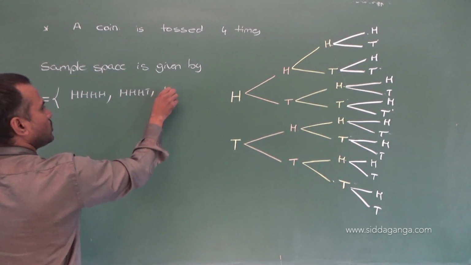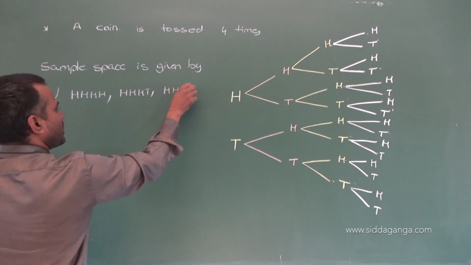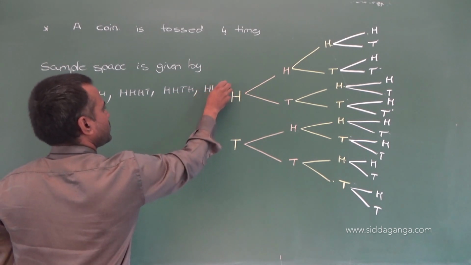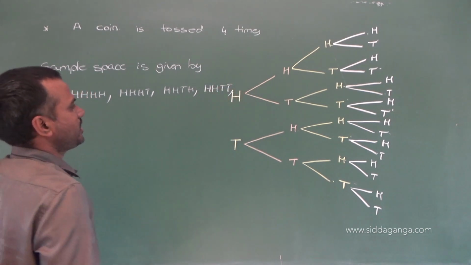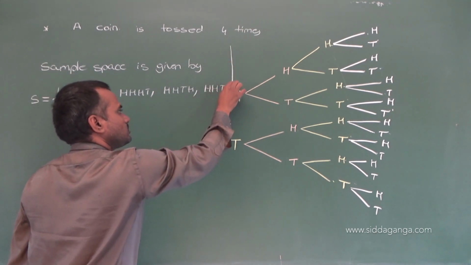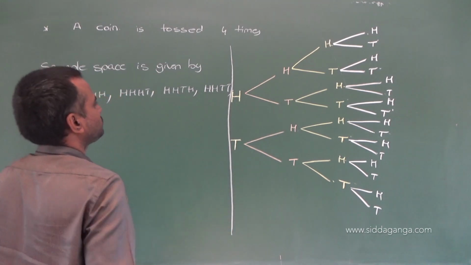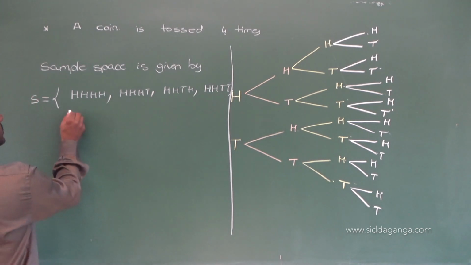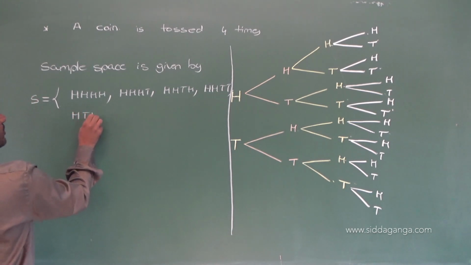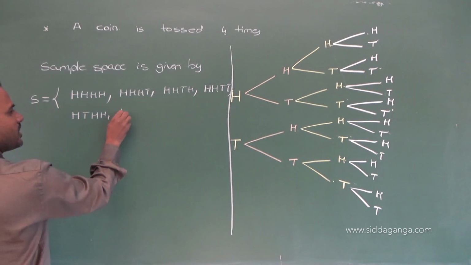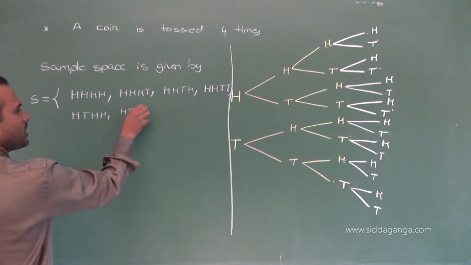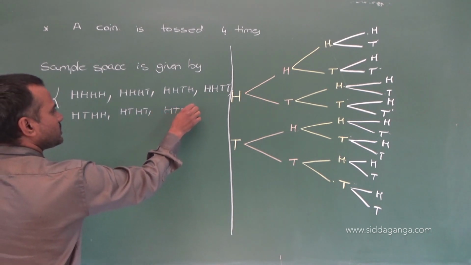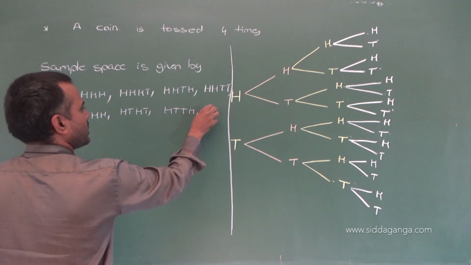Third one, head, head, tail, head. Fourth one, head, head, tail, tail. Next, head, tail, head, head; head, tail, head, tail. Next, head, tail, tail, head. The next, head, three tail.